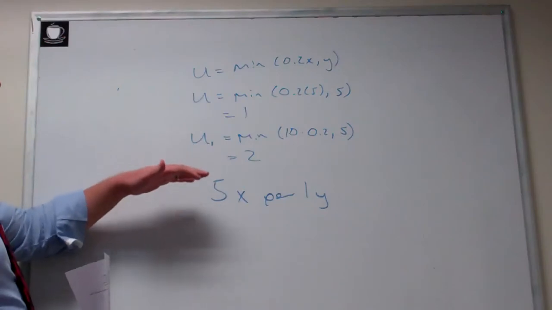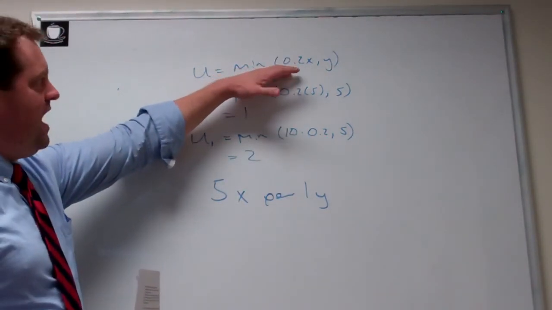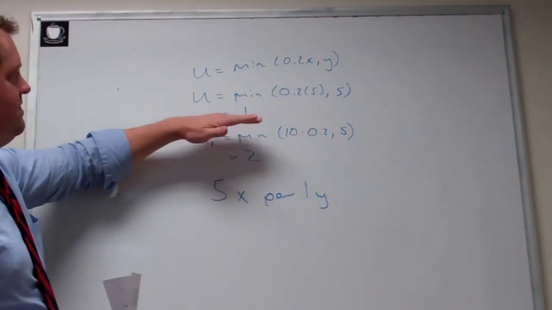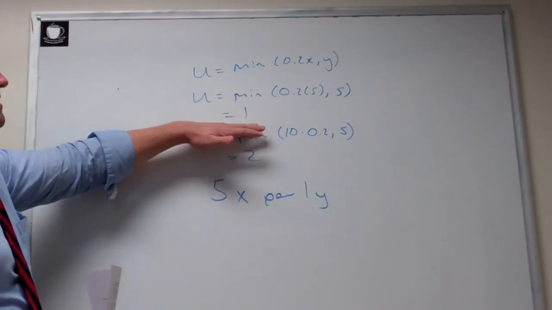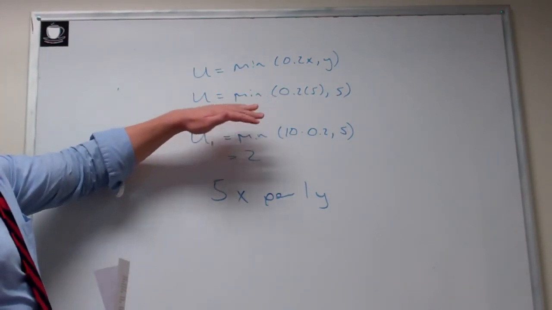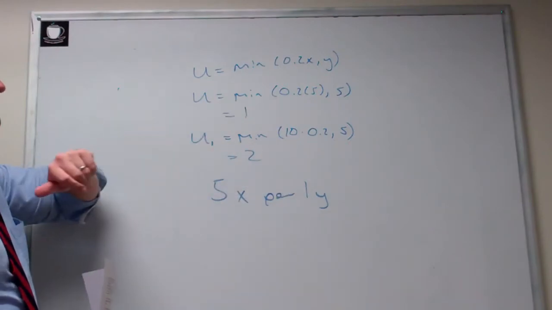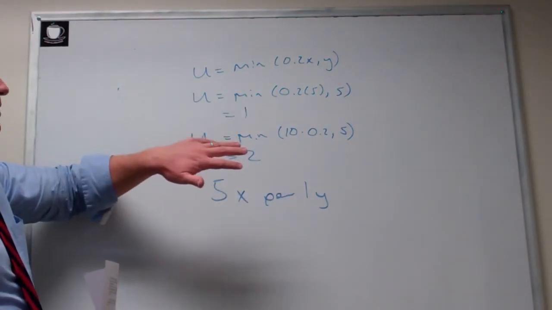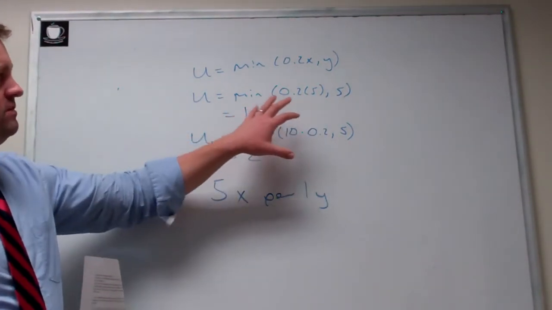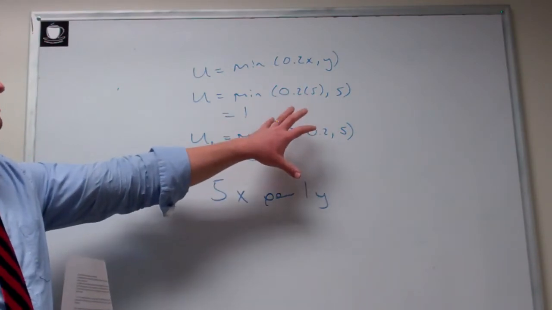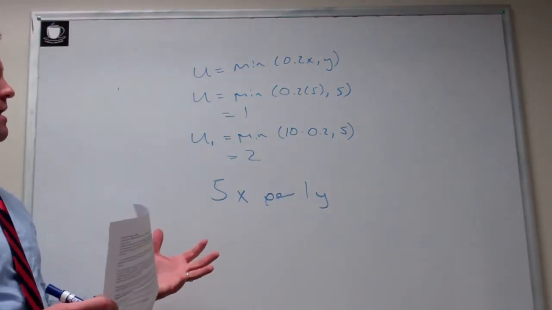So you can imagine if this consumer only had 5 units of x and 1 unit of y, they would get to a utility of 1. But they've got, to start off with, 5 units of x and 5 units of y, and so they get to a utility of 1, but they've got 4 units of y that aren't being used here at all because they go unpaired.